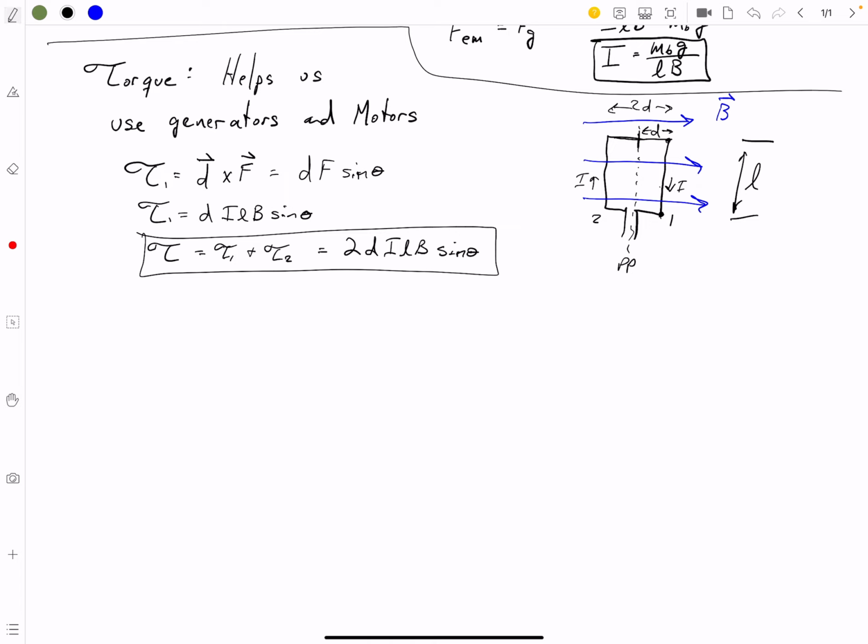So that's the torque that allows us to do the things that we need.